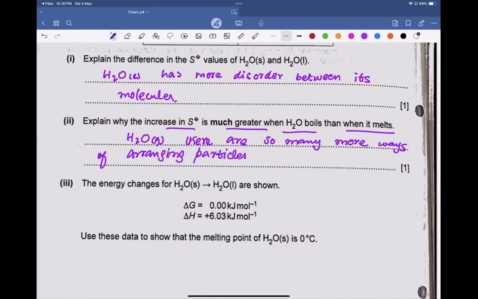But when it melts, it just turns into liquid. The ways of arranging particles in a liquid are limited, but the ways of arranging the particles in a gas are way more. So that's why the increase in entropy is much greater. Is this clear?